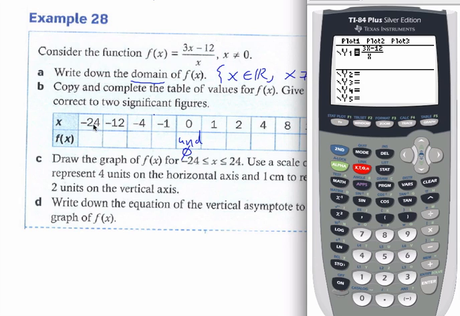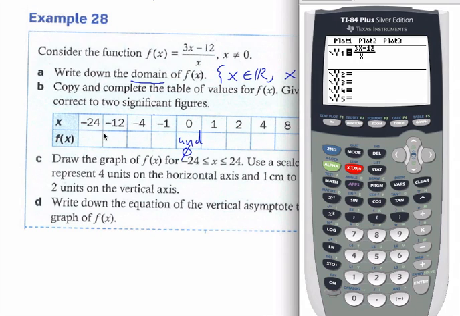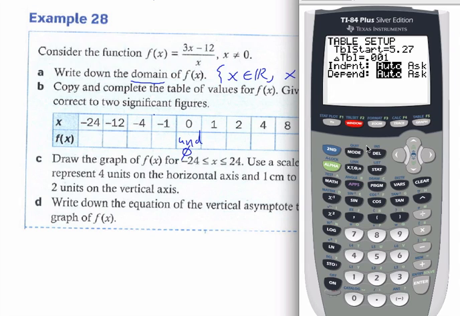And I want my table to go from negative 24 up to 24. So I'm going to go to second function window. That gives me table set. We're going to start at negative 24, and go up by ones. Then I'm going to go to second function table.